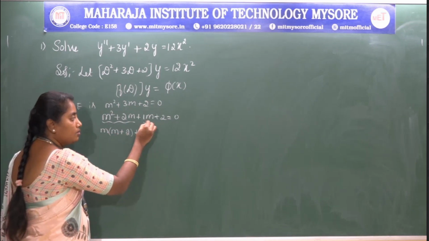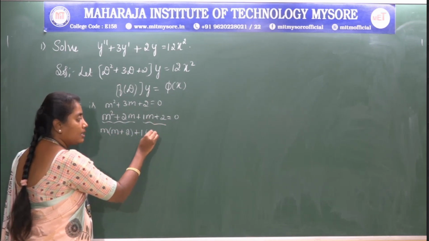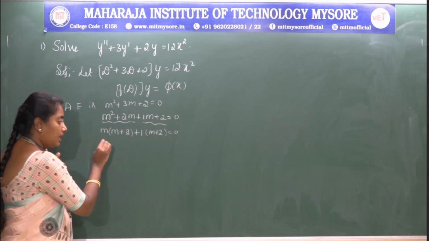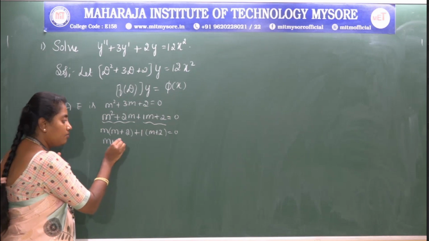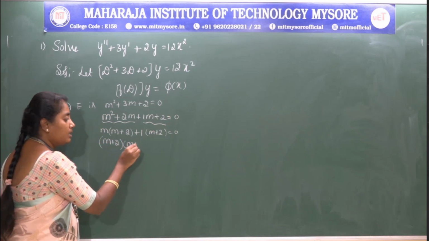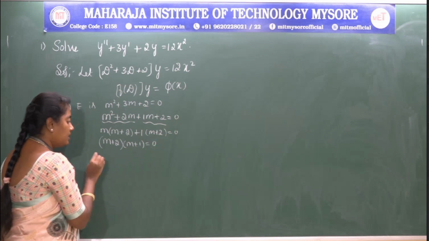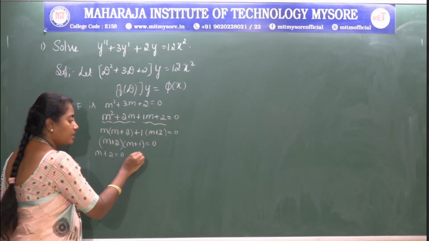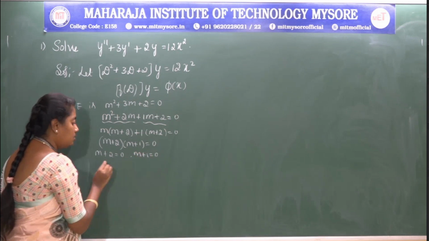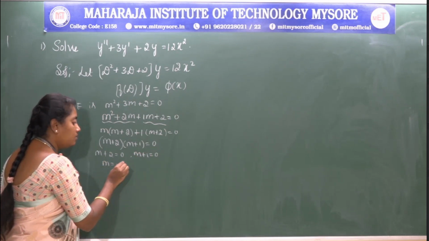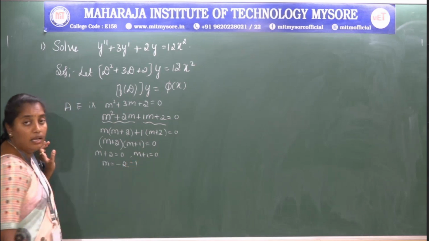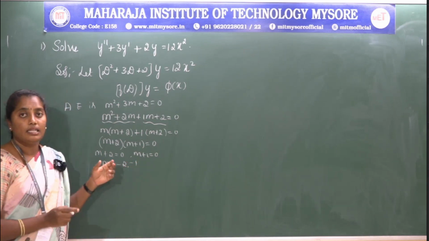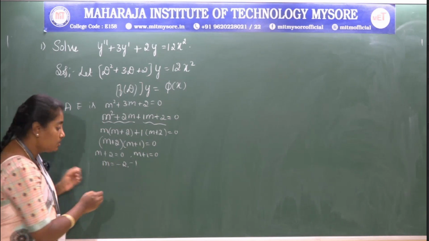In the next two, 1 is the common element, remaining m plus 2. Simplifying this, m plus 2 is the common factor: m plus 2 equal to 0, m plus 1 equal to 0. Hence m is equal to minus 2, minus 1 are the roots. So minus 1 and minus 2 are real and distinct roots.